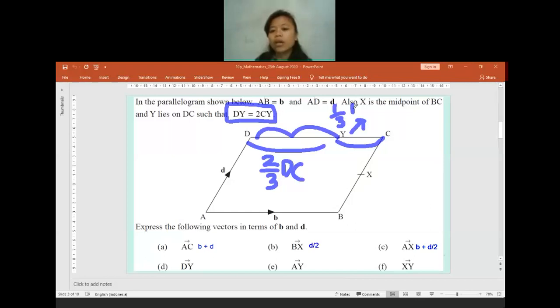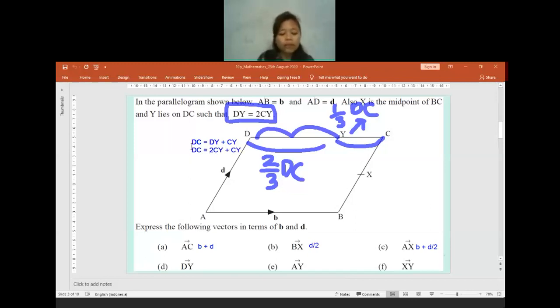Is there anyone who is confused, or is my explanation still confusing? If you still do not get it with this one, I can say that dc is equals to dy plus cy. Agree? Do you agree if I write dc is equals to dy plus cy? Agree, right? In this line. So in here I can say that dc is equals to dy, and I can replace it with 2cy plus cy.